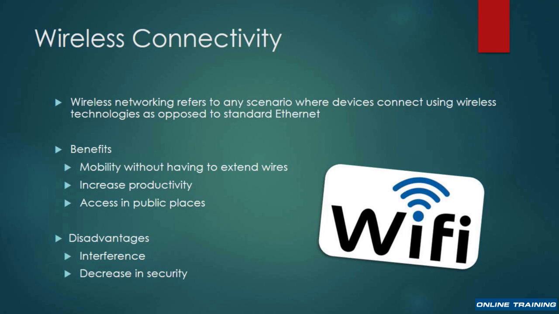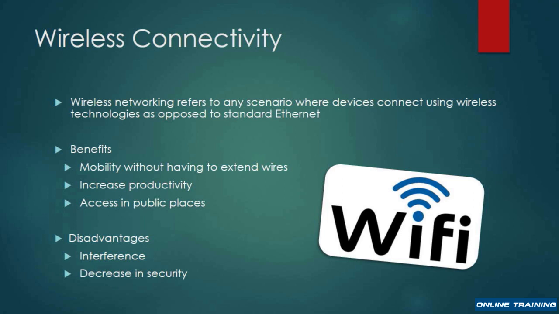The benefits, of course, to wireless connectivity are that you get mobility. You don't have to extend wires. You can run a computer and get an internet connection or access to a file server or a printer in places that you wouldn't normally be able to do that. Whether it's a warehouse, a conference room, a living room of a home, or the lobby portion of a small business. Those are places where wireless connectivity can go and wired connectivity would not be able to.